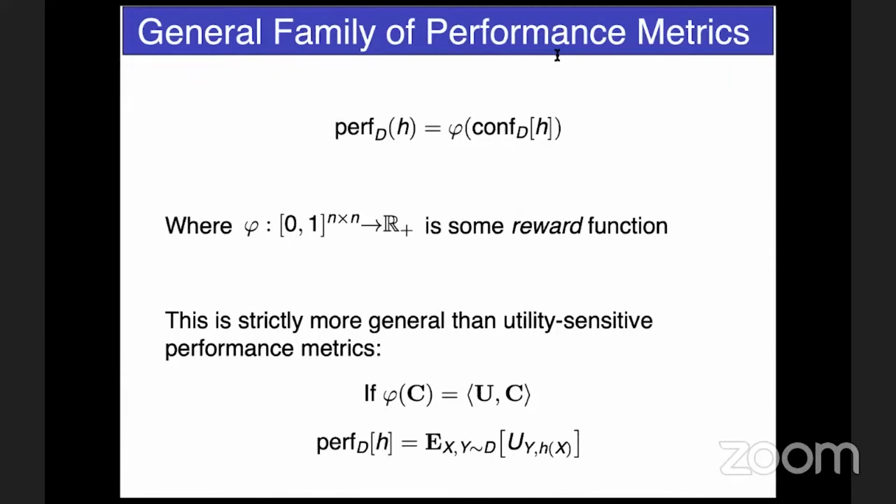If you had more general functions, you would have maybe quadratic functions, or even logarithmic or exponential. If your phi was more general than linear, then you cannot express such performance measures using utility sensitive matrices. So that's the generalization we are doing.